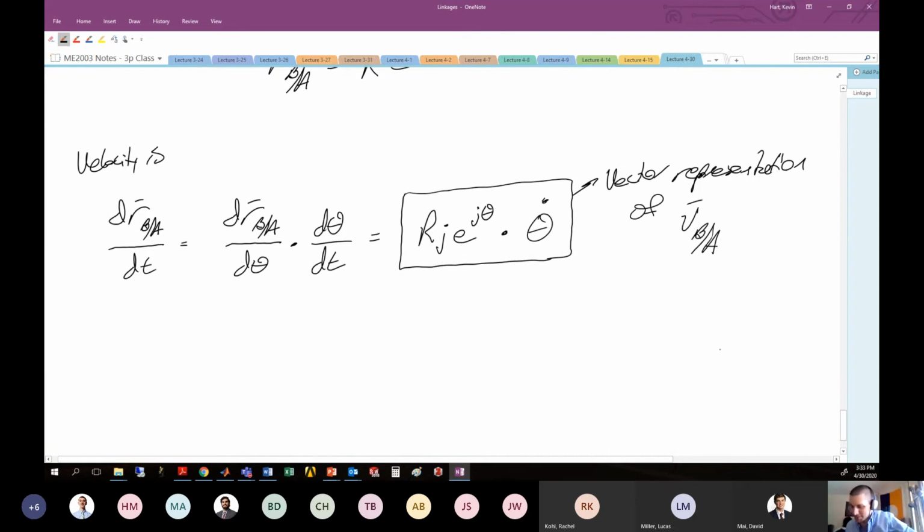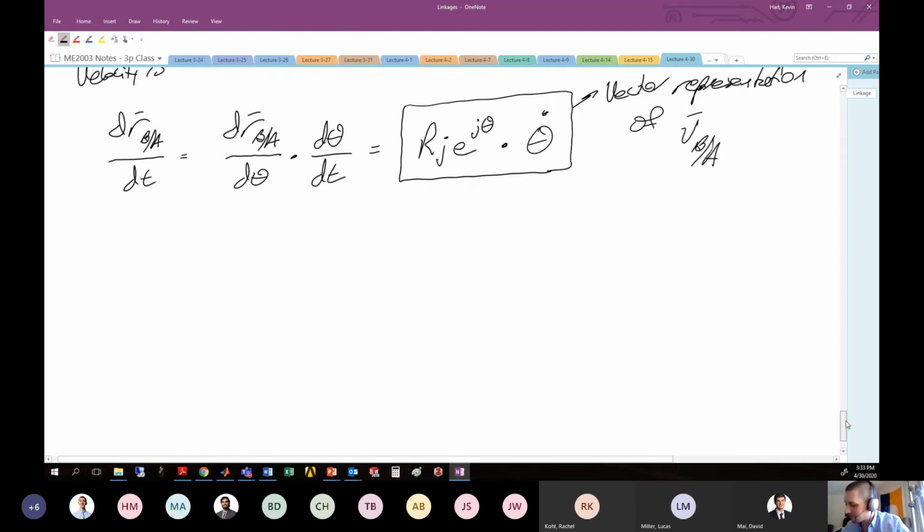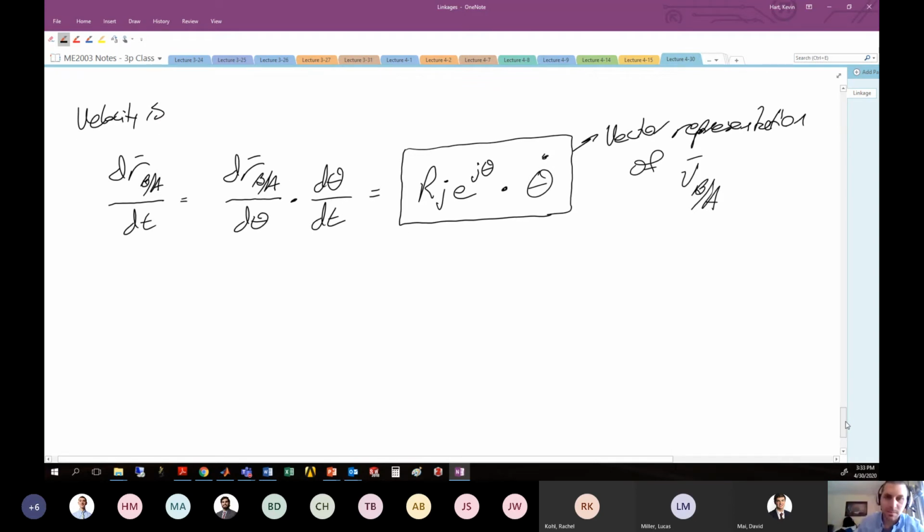Now, it's hard to interpret physically what that is unless you've been working with complex numbers for a very long time. But let's whittle this down a little bit and maybe we can see physically how this might be represented. So let's put Euler's formula back in. I'm bringing the theta dot out front here.